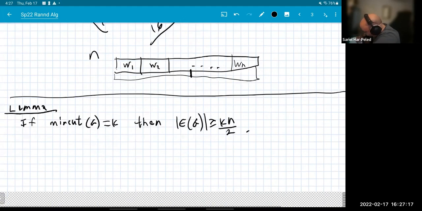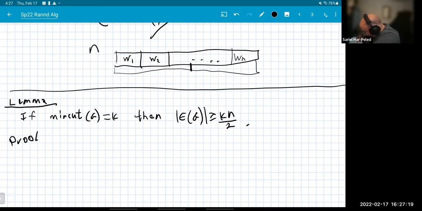And the proof is pretty easy. Look at the vertices of the graph. The degree of every vertex in the graph has to be at least K. Why? What happens if the degree of a vertex is smaller than K?